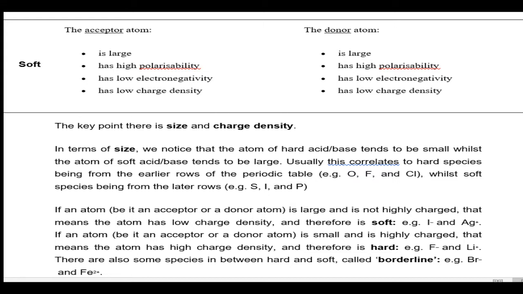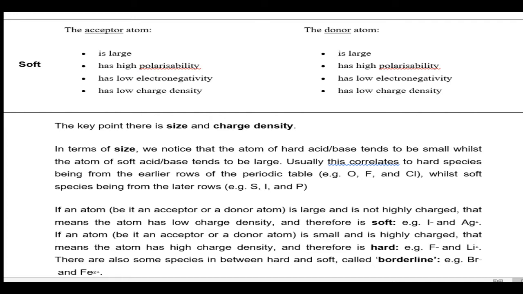In terms of size, we notice that the atoms of hard acids and bases tend to be small, whilst the atoms of soft acids and bases tend to be large. Usually, this correlates to hard species being from the earlier rows of the periodic table, for example oxygen, fluorine, chlorine, whilst the soft species are from the later rows, that is sulfur, iodine, phosphorus, etc.